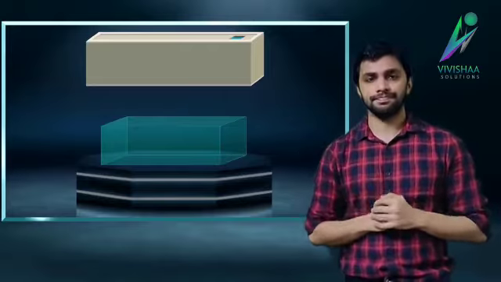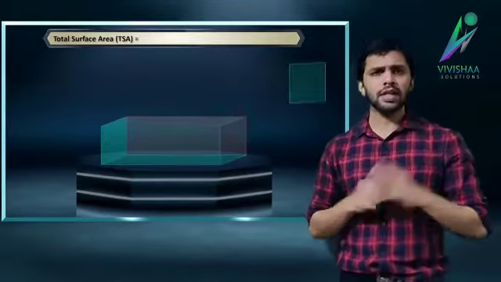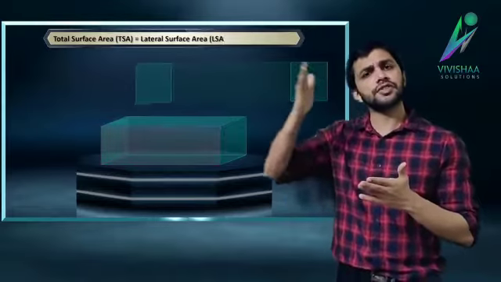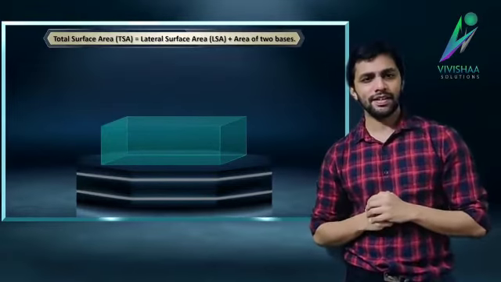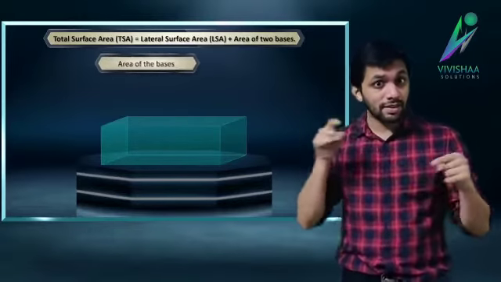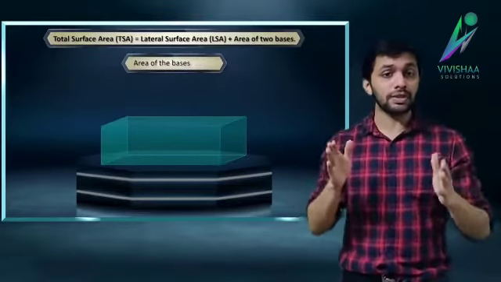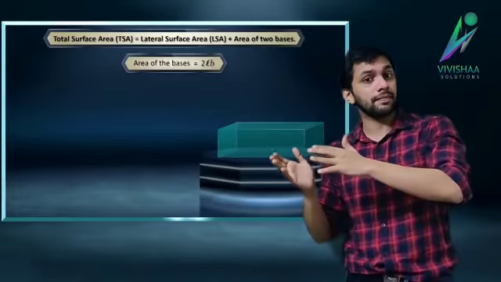It's not a cube. The total surface area or TSA of a cuboid is nothing but the sum of lateral surface area and the area of the two bases, right? Now please note that the areas of the bases are equal, that is equal to twice the length into breadth.